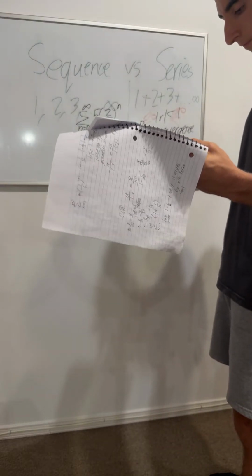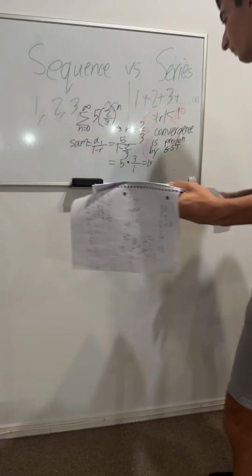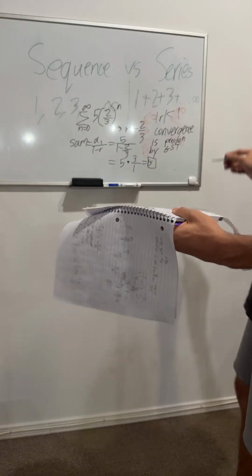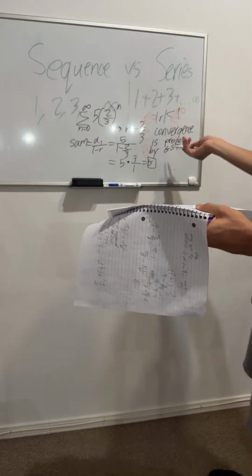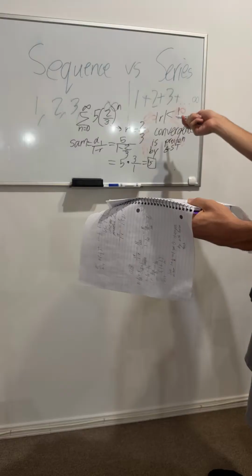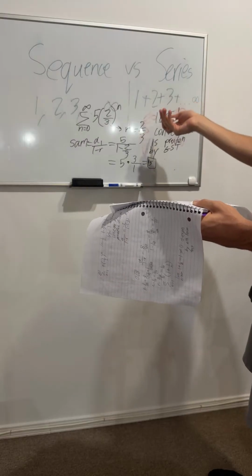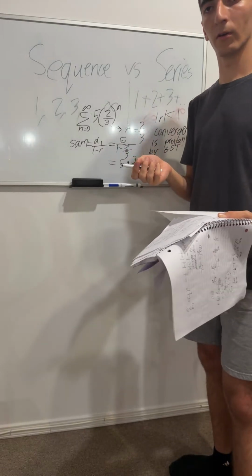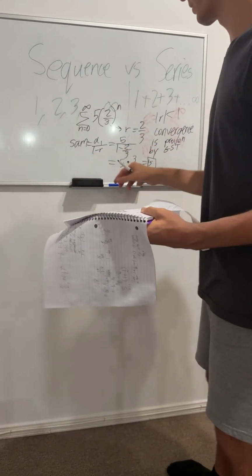Is that right? And it is. Okay, nice. So our sum is 15 for 10, and we know that convergence is proven by GST since the absolute value of r is less than 1. What would happen if it was greater than 1? Well, we'll see in the next problem.